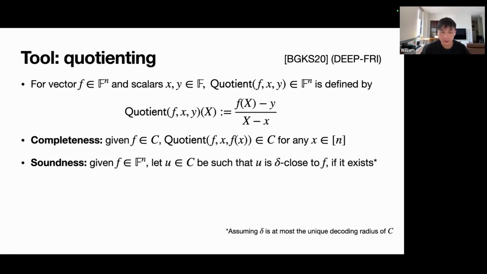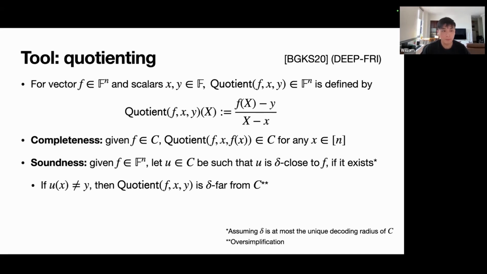And for soundness, we have this observation that given an arbitrary vector f, letting u be the code word which is uniquely delta close to f, here I'm assuming that delta is at most the unique decoding radius of the code, if u of x is not equal to y, then the quotient will be delta far from the code. Okay. And quotients also generalize to more points. So if I quotient f by a bunch of x_i, y_i points, and if u disagrees with any of the x_i, y_i, then the quotient is delta far from the code.